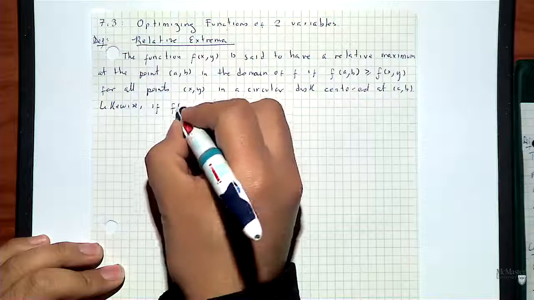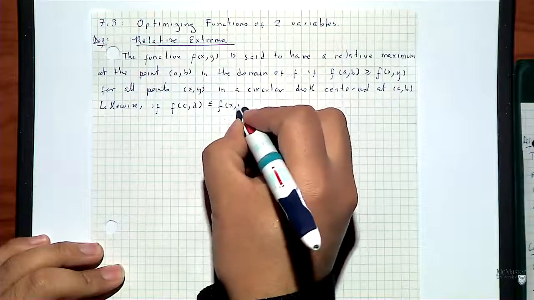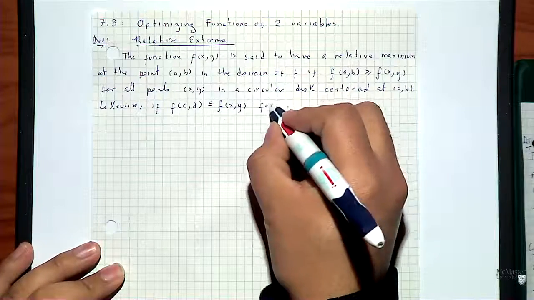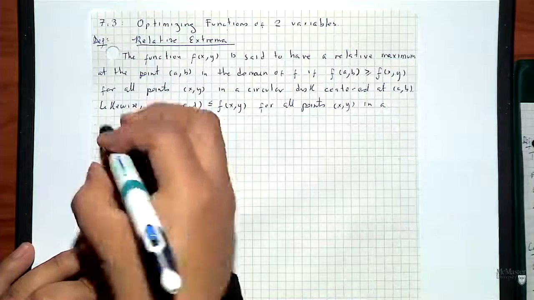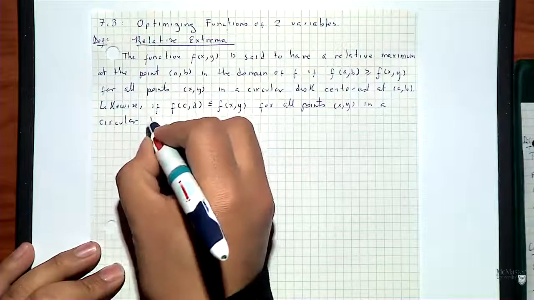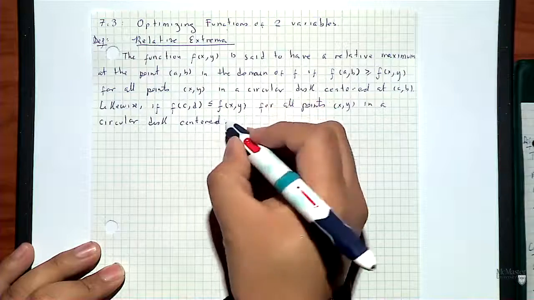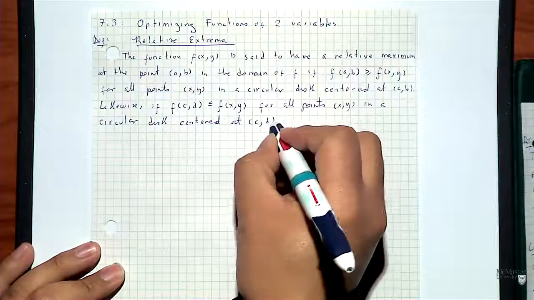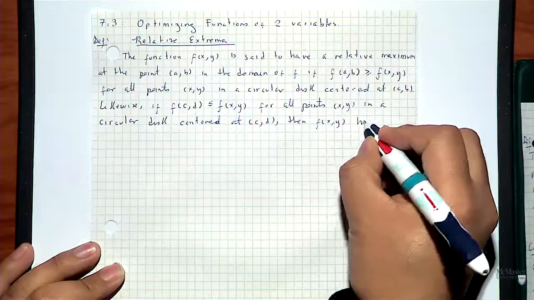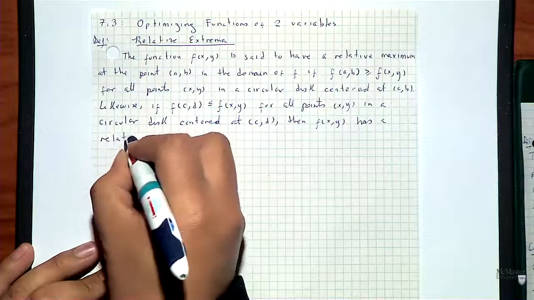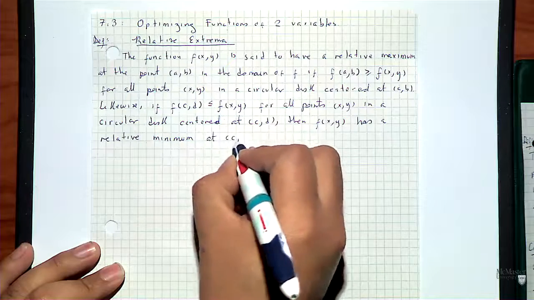If you have the following condition, f at a point c comma d less or equal than f at x comma y for all points x comma y in a circular disk centered at the point c comma d, then f of x y has a relative minimum at the point c comma d.